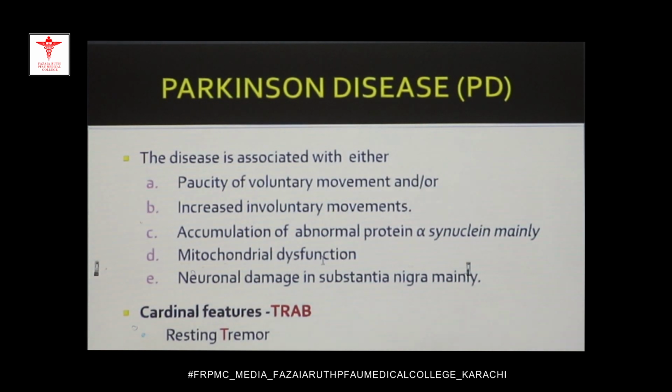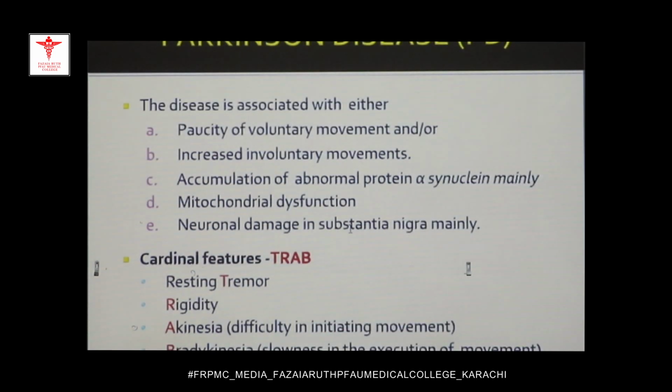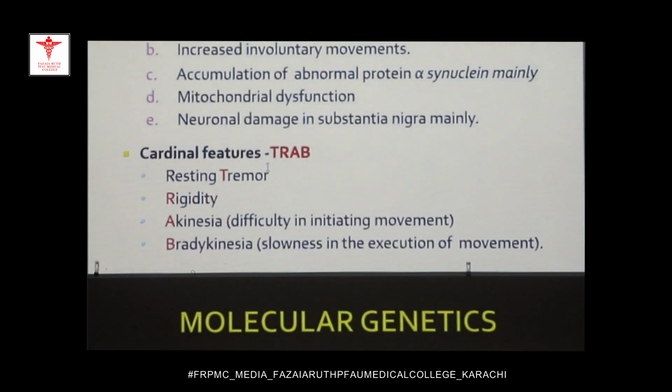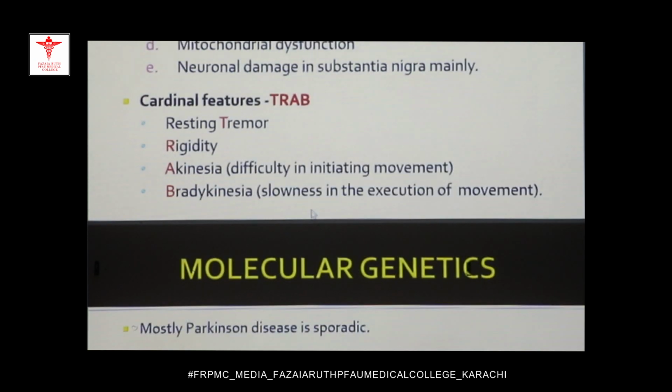There is also mitochondrial dysfunction and abnormalities, mainly occurring because of the neural damage to the substantia nigra. Now, if you see the clinical features, remember TRAB, T-R-A-B. T stands for tremors, which are resting tremors. R for rigidity in the muscles of the body. A for akinesia, difficulty initiating movement, and B for bradykinesia, slowness in the execution of movements.